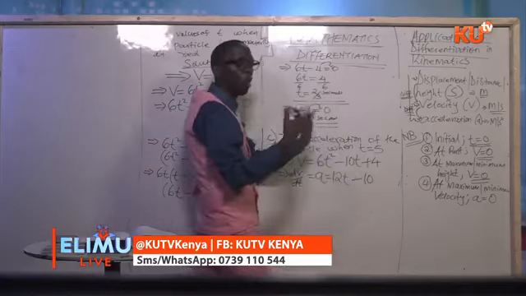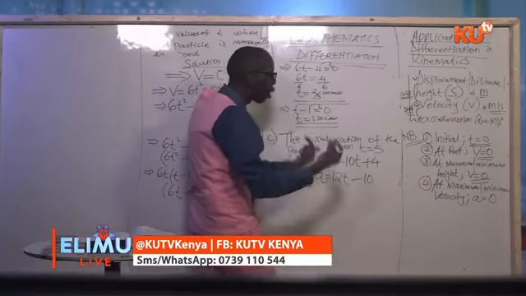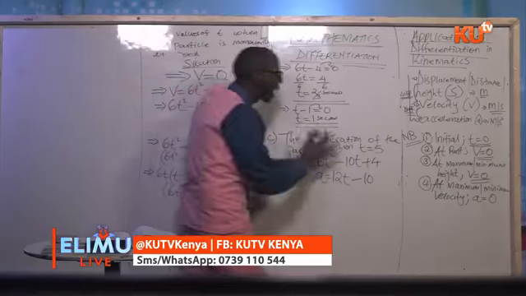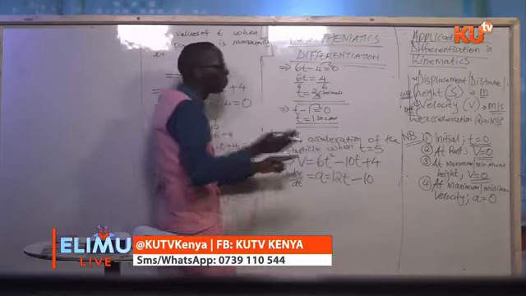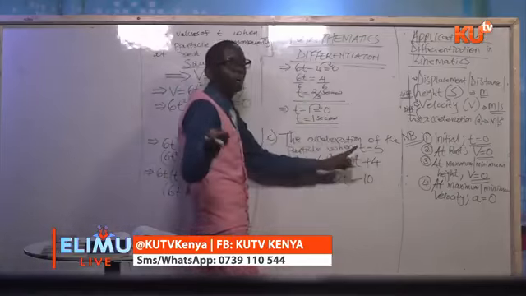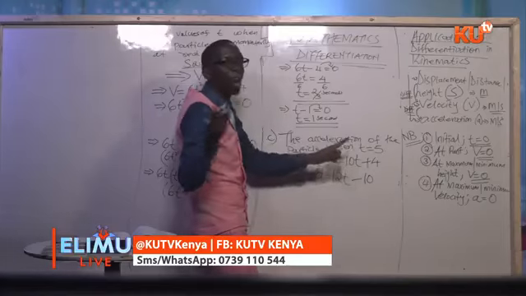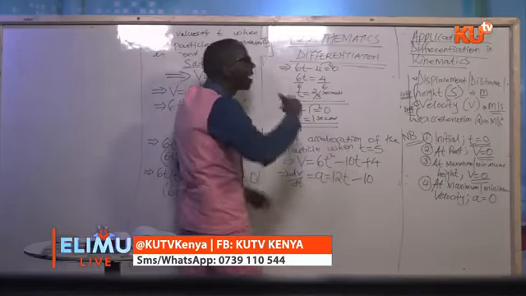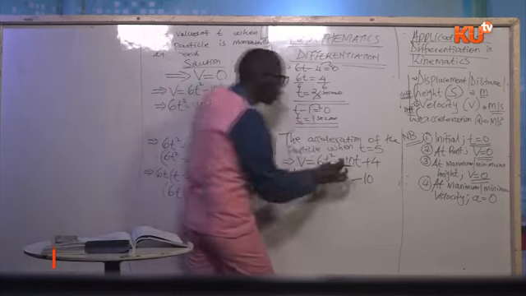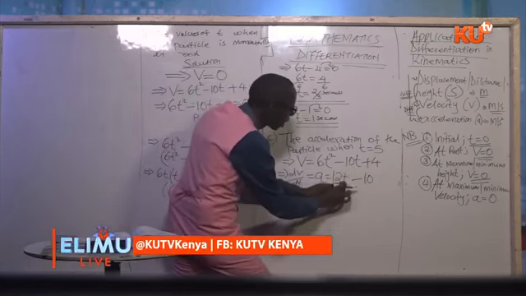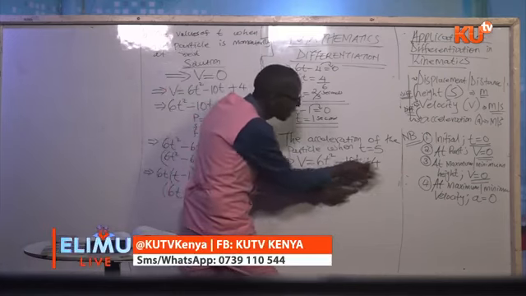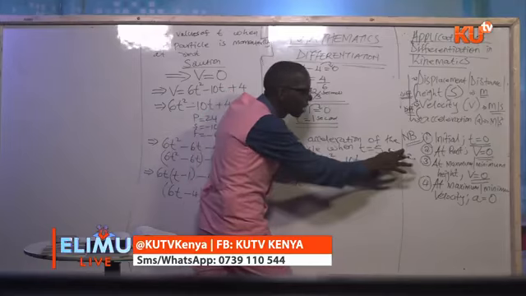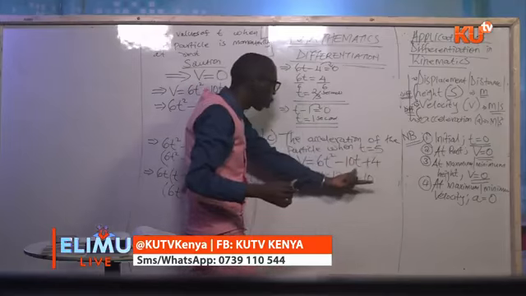The t has no power, so you leave it as 10 and don't write the t. 4 has no t, and if the value does not have t, then it ceases to exist. So it will be 12t minus 10.